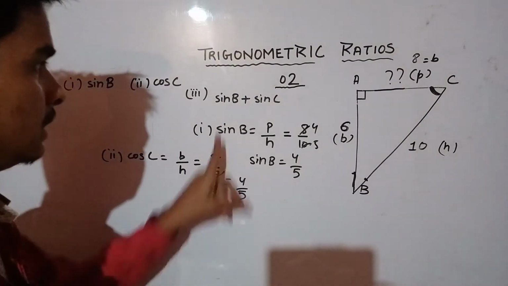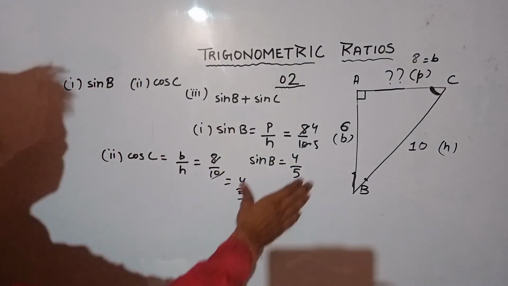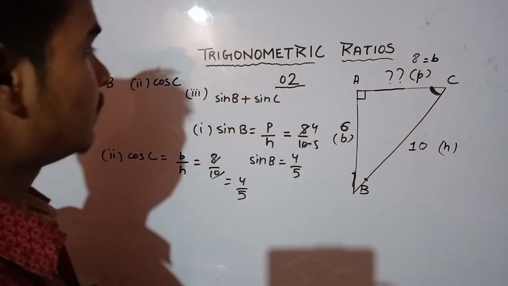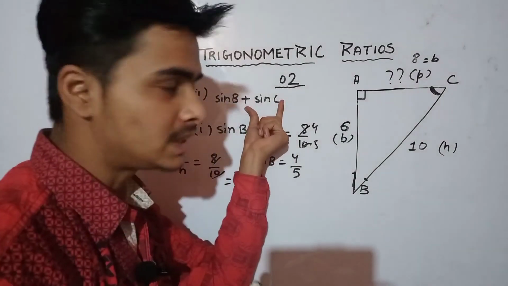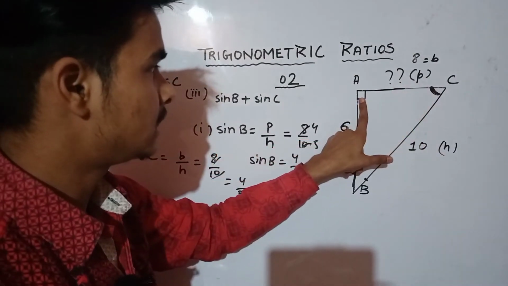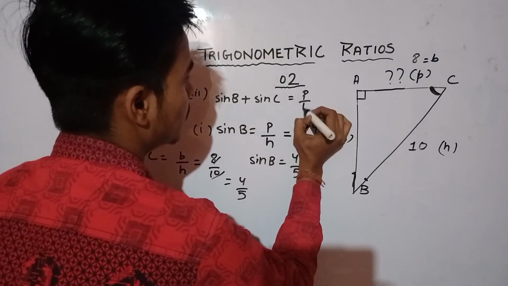And now let us find sine of B plus sine of C. We already have sine of B's value, which is 4 upon 5. We need to find sine of C. When we talk about sine of C, this becomes the angle and this is already 90 degrees. So sine of C is perpendicular upon hypotenuse.